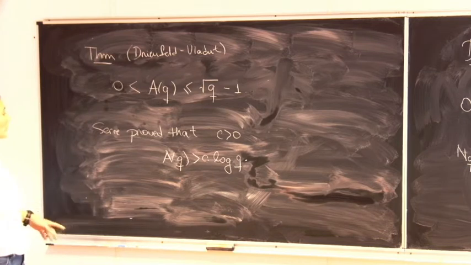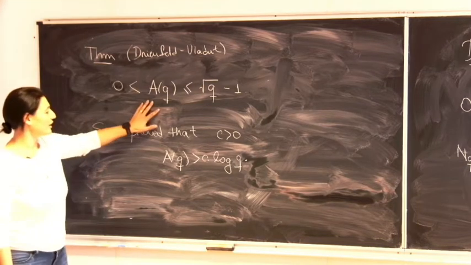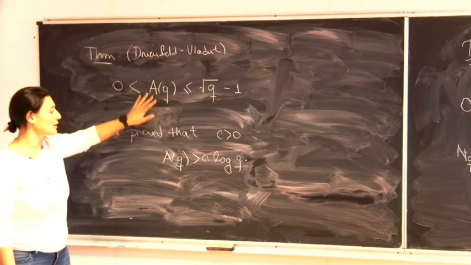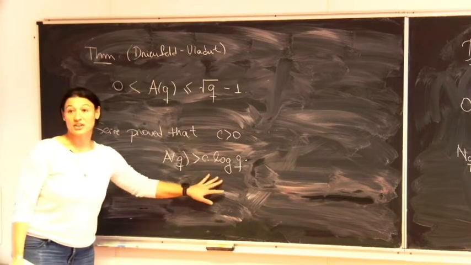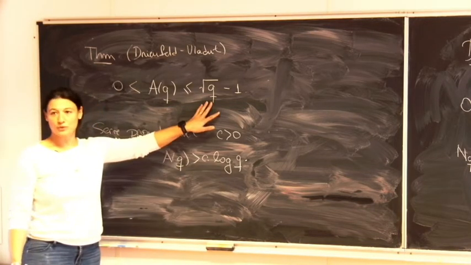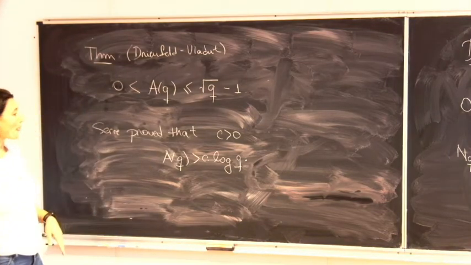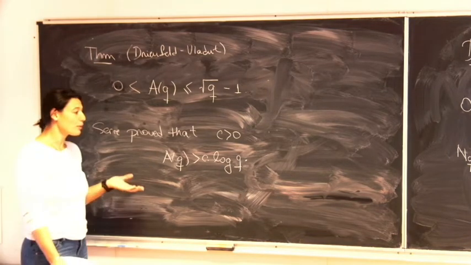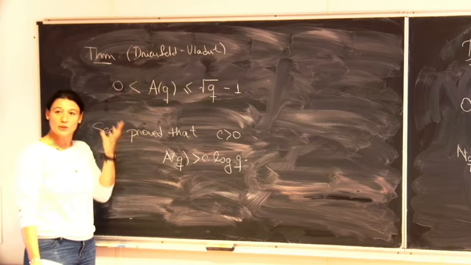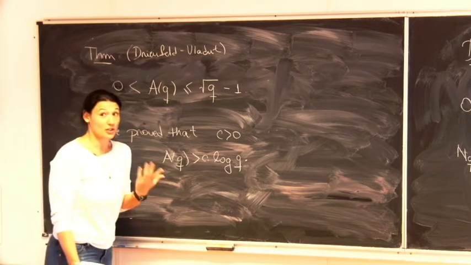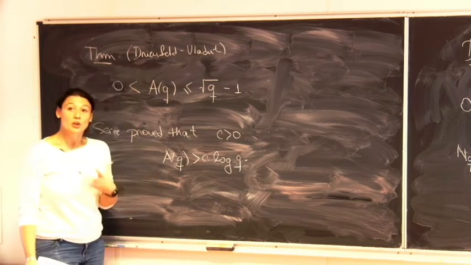So we know that this A of q lives between something here and the square root of q minus 1. And so another interesting problem is finding the values of this thing, because we don't know it in all the cases.